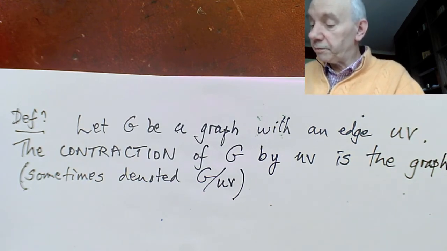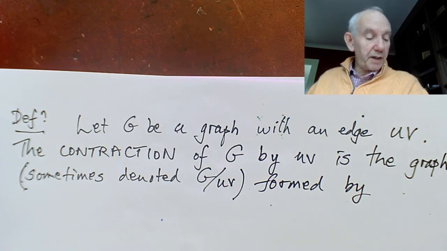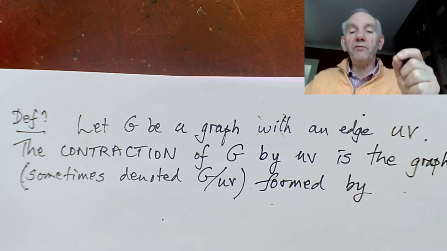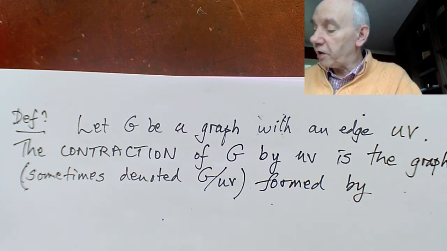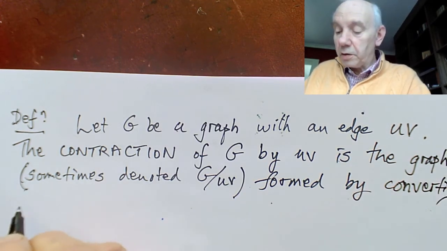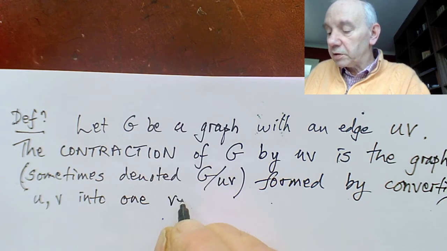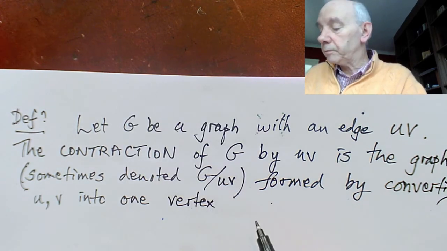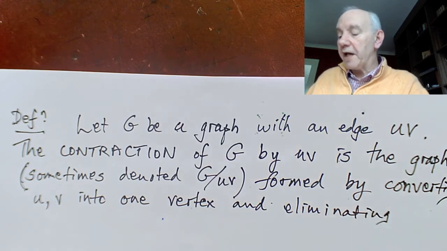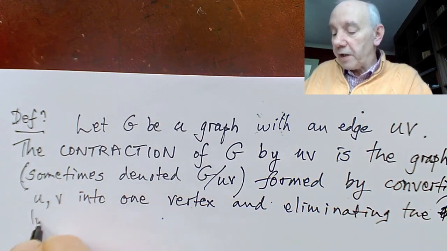It is the graph formed by coalescing the two vertices U and V. So you make U and V join together, converting U and V into a single vertex, and eliminating the loop that you would ordinarily get from the edge, and possibly any multiple edges.